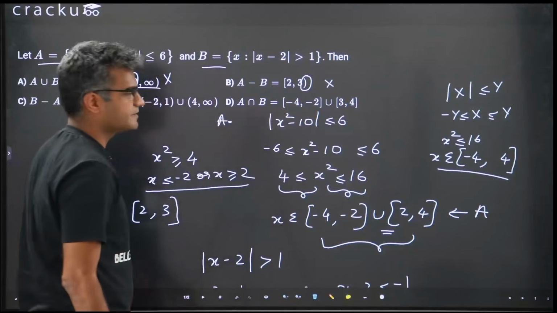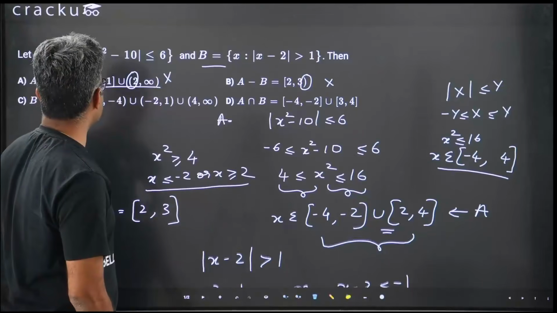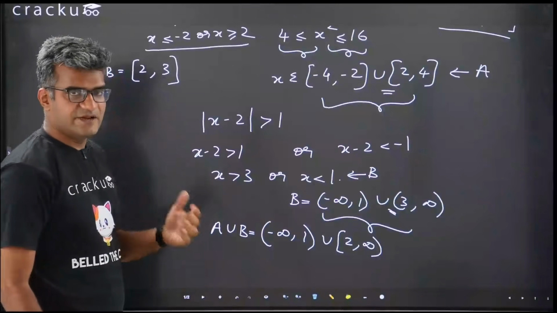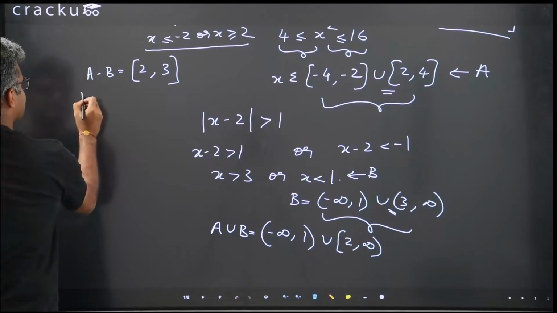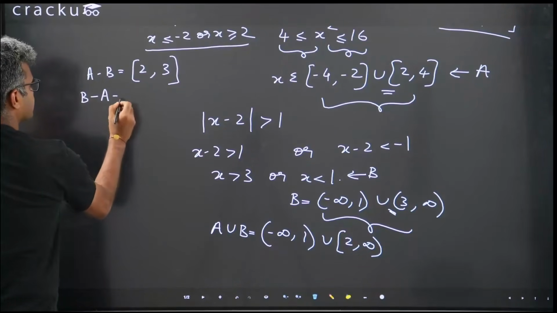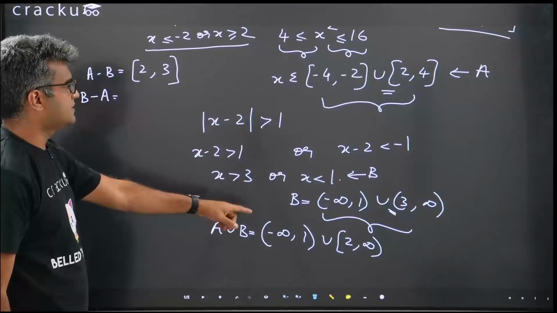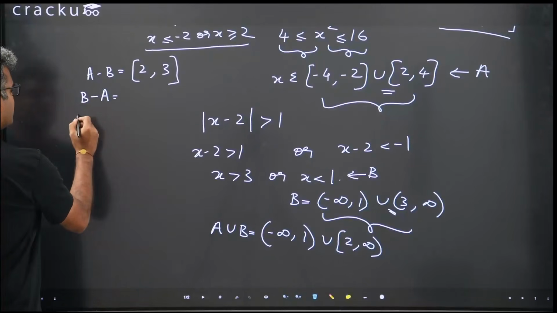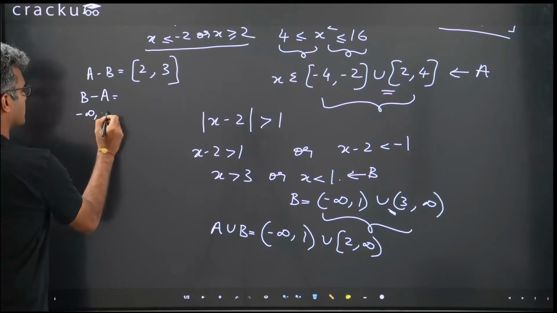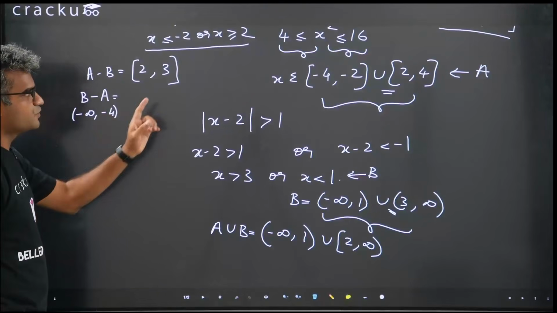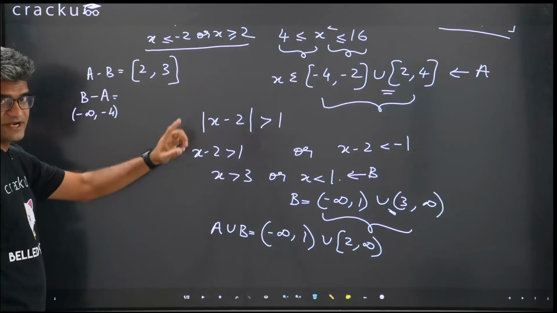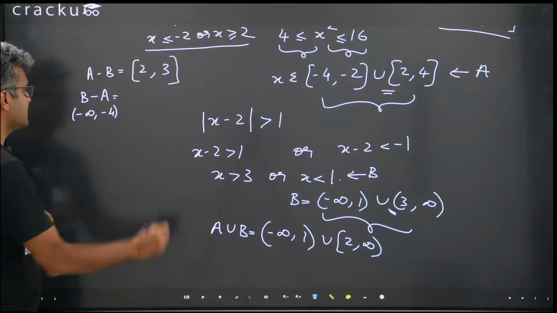If you are looking at the third option, what is b minus a? That is, we are looking for elements which are part of b but not part of a. If you are looking at b minus a, minus infinity to 1, so you will have elements from minus infinity to minus 4. From minus 4 to minus 2, it is part of both a and b, so it will not be part of b minus a.